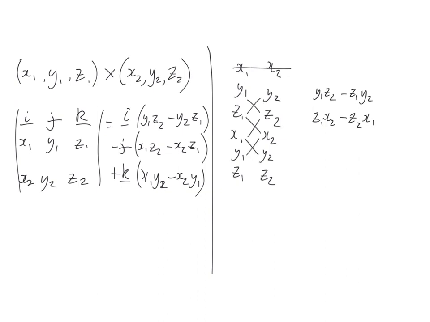And then there's my next bit, x1 y2 minus y1 x2. There we go. I wrote those the wrong way around there. I'm just going to change quickly those things here. X1 z2. There we go. So that's way quicker. That's how I do cross products now.